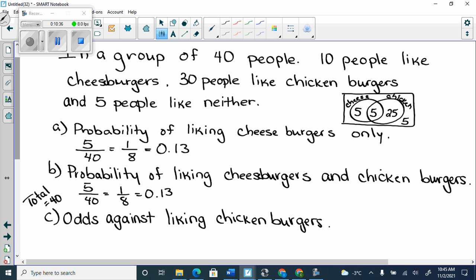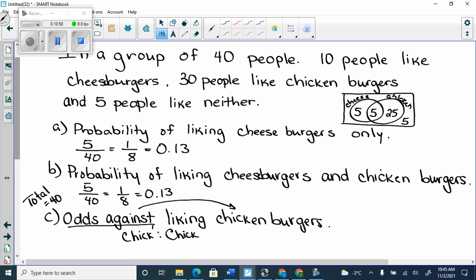So odds against means whatever comes after it comes second. Odds against liking a chicken burger. So chicken burger would come second, and not chicken would come first. Now, not chicken doesn't mean cheese. Not chicken means everything that's not in chicken, correct? So that's where people get it wrong. So how many are in chicken?